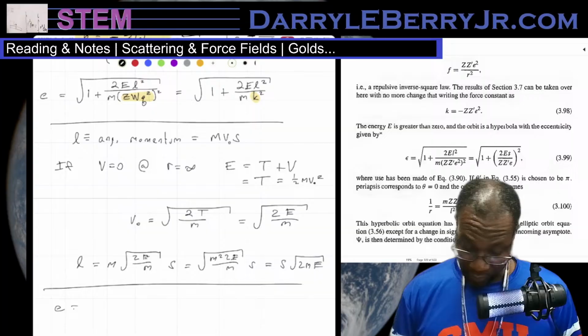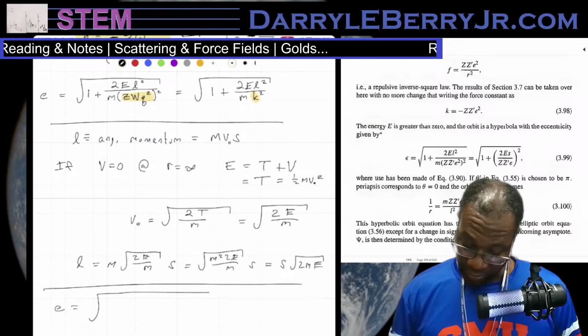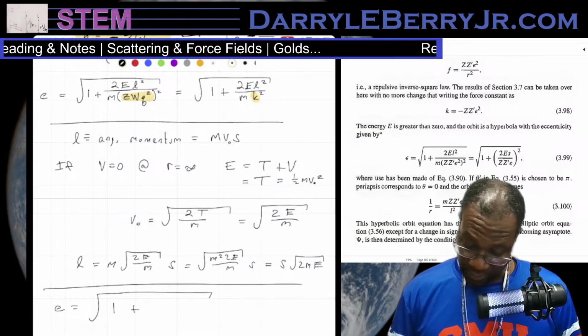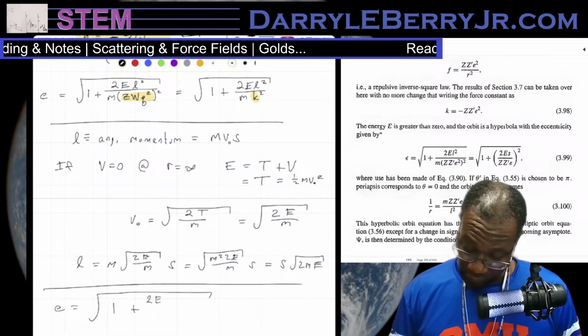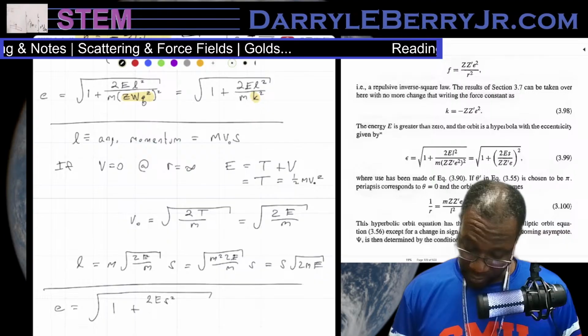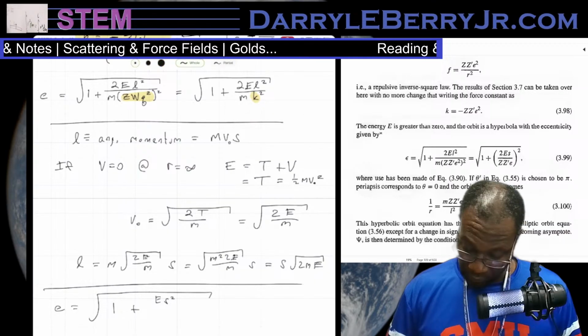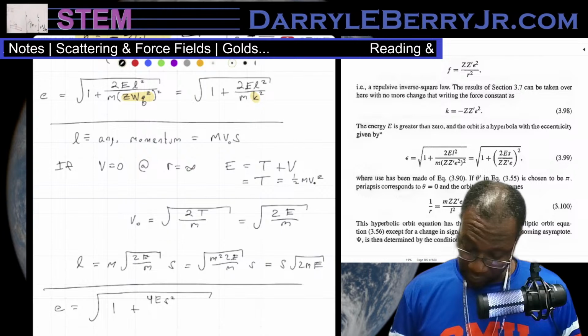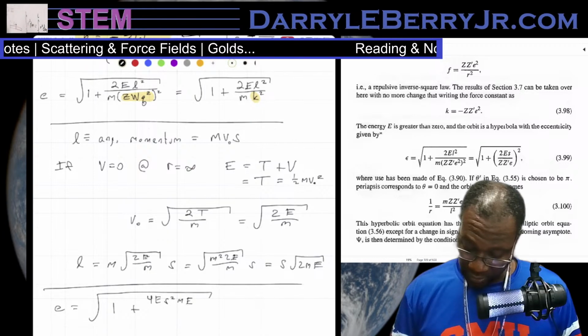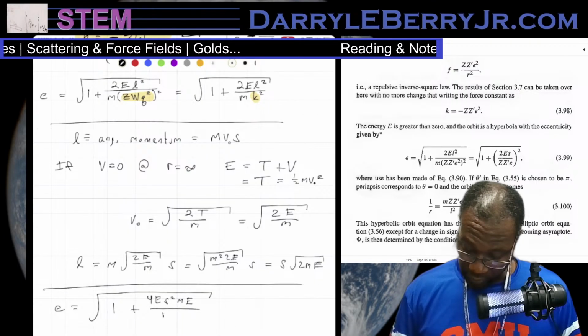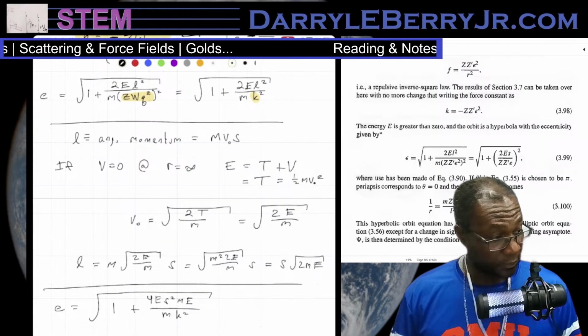So epsilon equals square root of 1 plus 2E, and we're going to square that. So s squared times 4 E over m a squared.